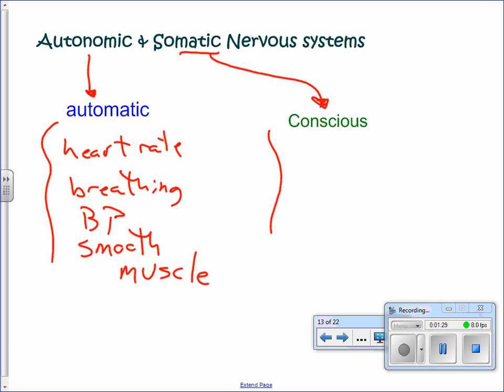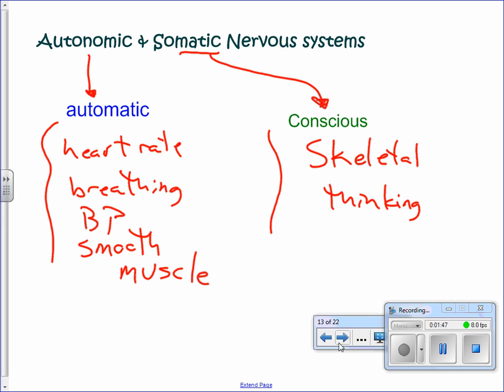So under conscious control is going to be skeletal muscle functions and things that you have to think about. Okay, so just so when you see those words, you know.